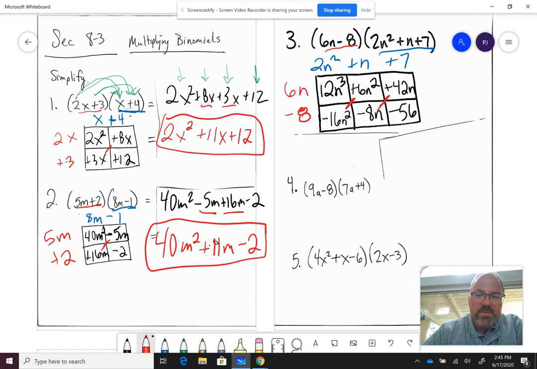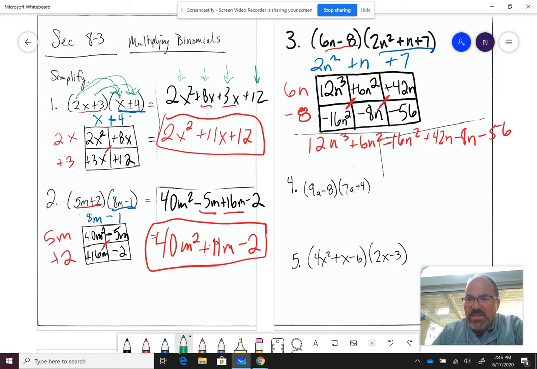So if I write it out, 12n cubed plus 6n squared, I'm going to go with minus 16n squared so I can keep my like terms together. And then I'll go with positive 42n minus 8n minus 56. Okay. And this makes it easy for me to see like terms, got to combine those.